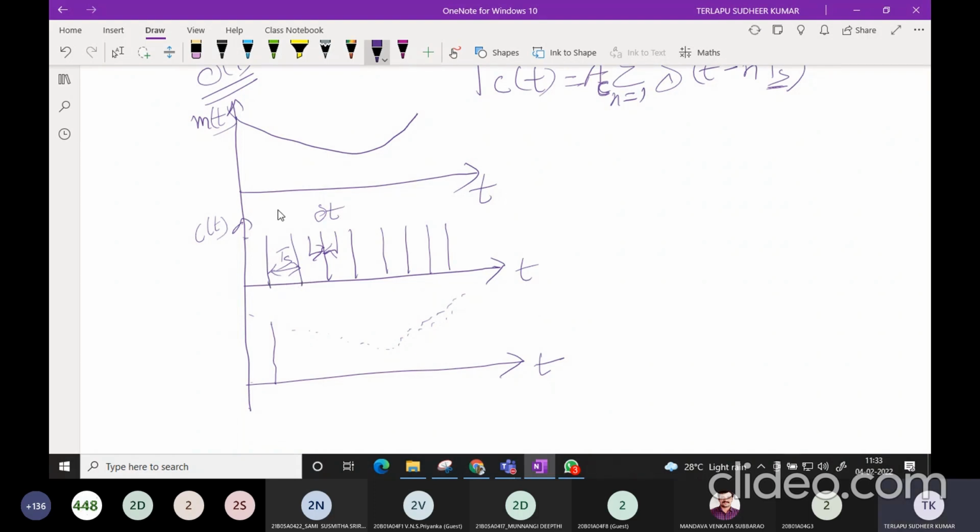So if you multiply these two, I'll get the product term S of t, something like this. This is my S of t, the instantaneous sampled pulse amplitude modulated signal.